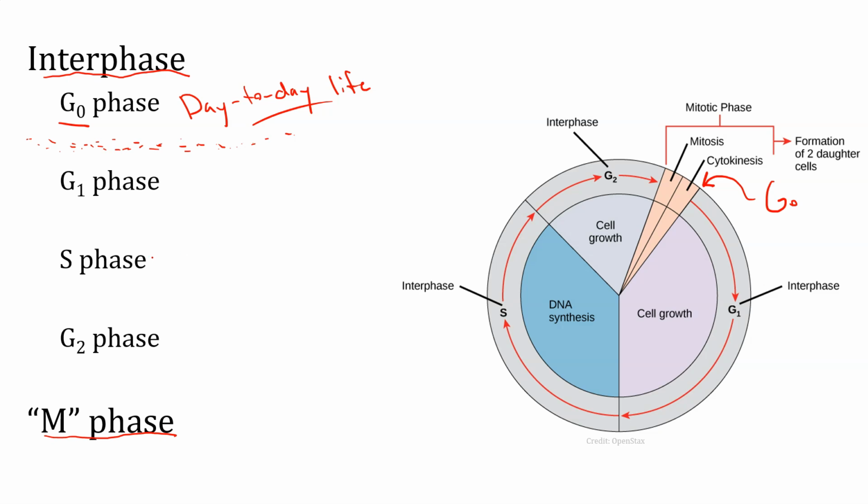carried out. The first is the G1 phase, so that would be the phase that we're seeing here in this cell cycle. And in the G1 phase, basically what's happening is that building materials are accumulating.